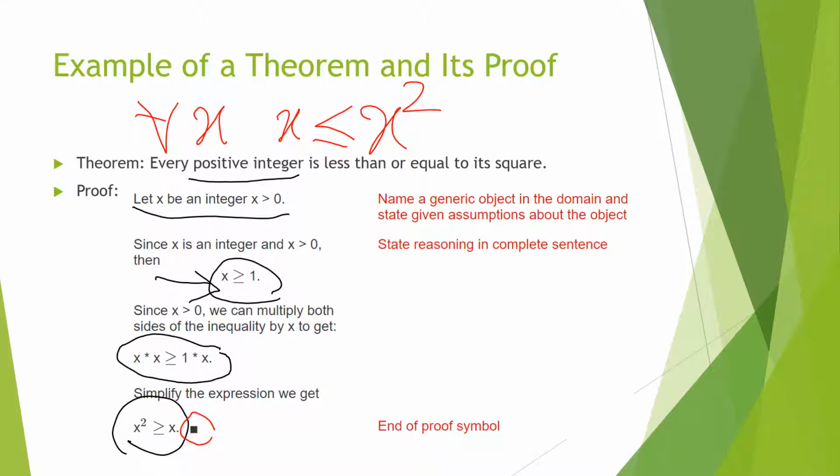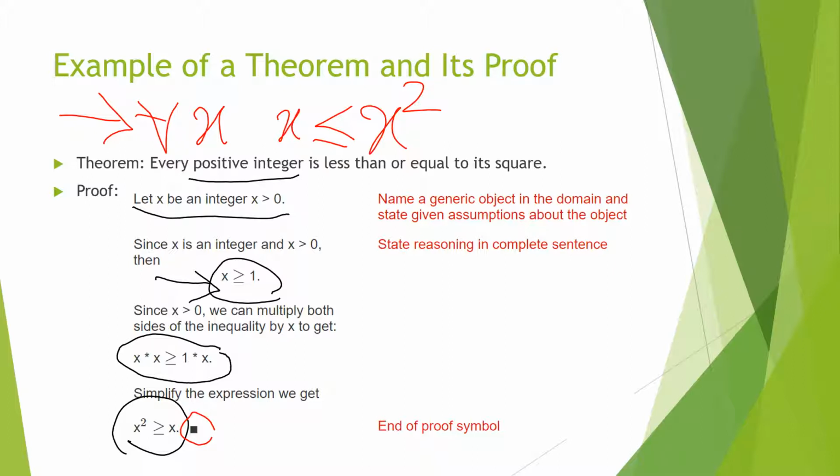the rule of inference that we saw before, which is called universal generalization. We say, okay, x was an arbitrarily chosen element of the domain, and x squared is greater than or equal to x. Therefore, we have proven that this universal statement, for every x, x is less than or equal to x squared, is true.